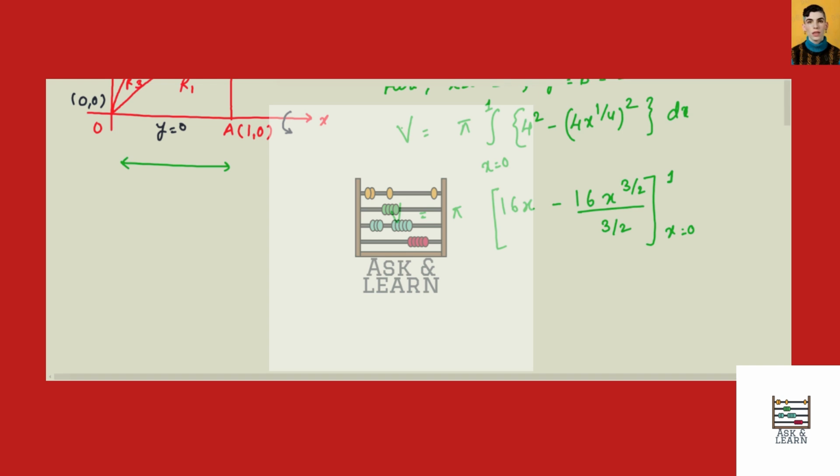This is very simple because we know that the integration of x to the power n dx is x to the power n plus 1 by n plus 1 plus c, where c is a constant. Now, moving further, we will just put the limits.